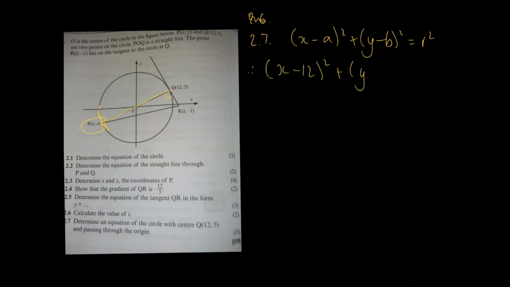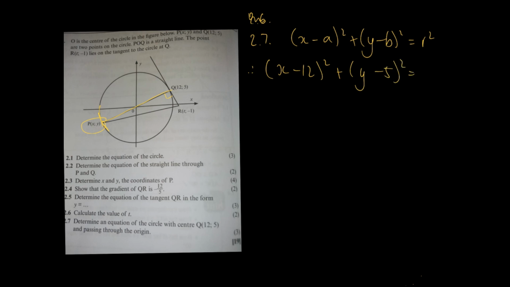Okay, so if the circle has a center at 12 and 5, it means it's not centered at the origin. So it will take the form x minus a squared plus y minus b squared equals r squared. The value of a is 12, the value of b is 5, so therefore we would end up with x minus 12 squared plus y minus 5 squared.